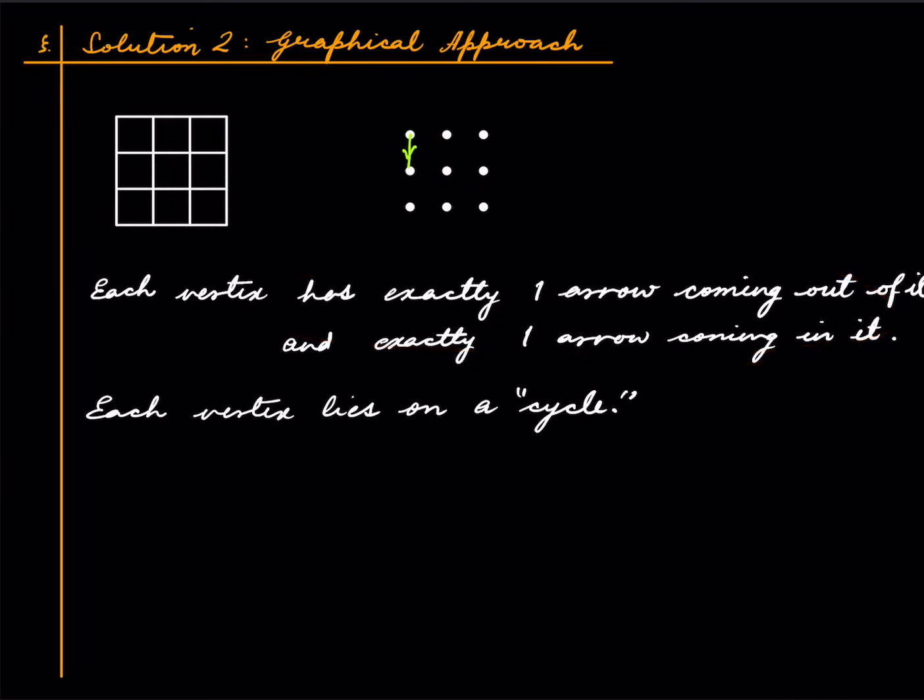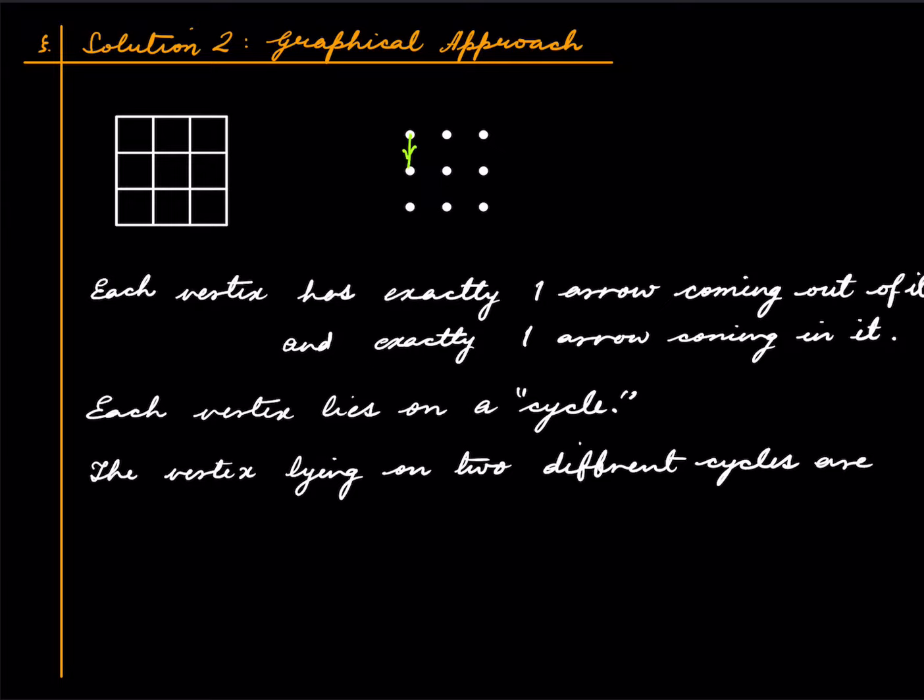So we observe that the vertices lying on two different cycles are disjoint. So if you have two different cycles, then they do not share a vertex basically.